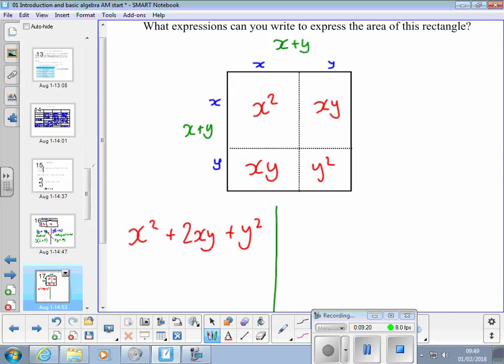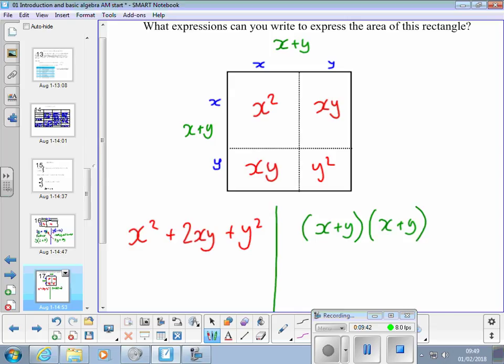How could we write an expression for the green one? You can go brackets x plus y times brackets x plus y.